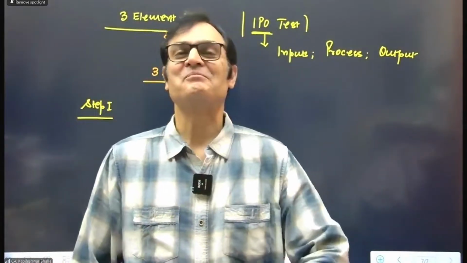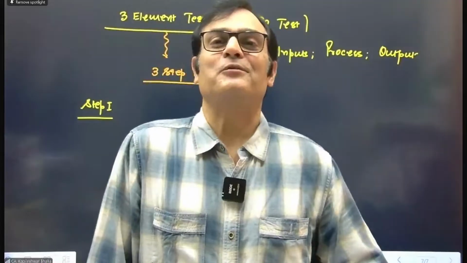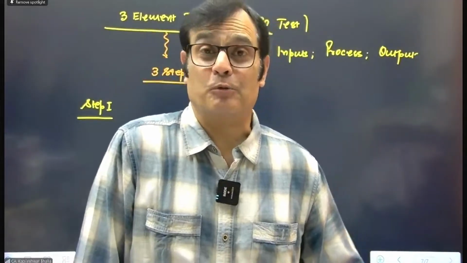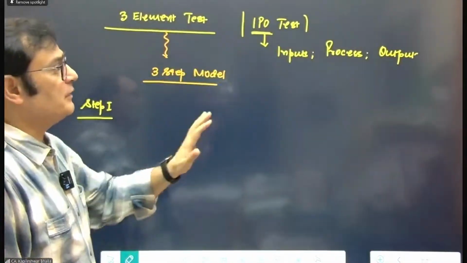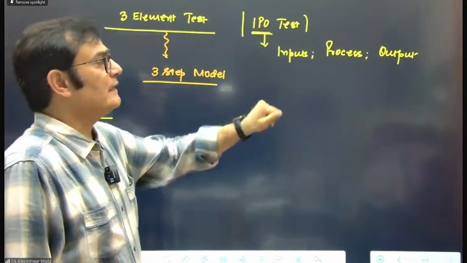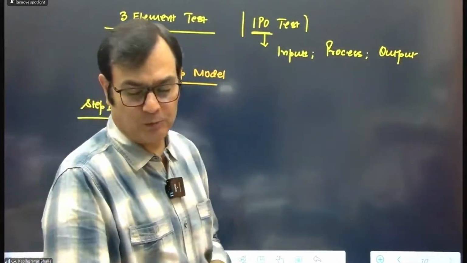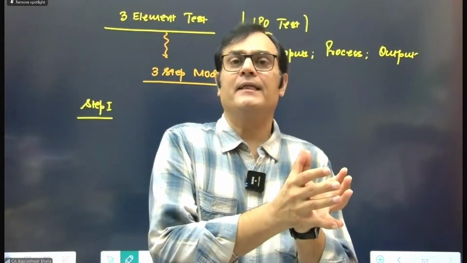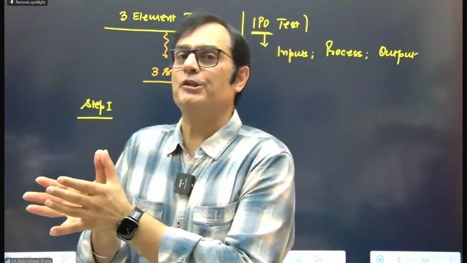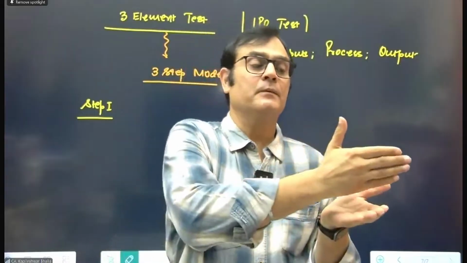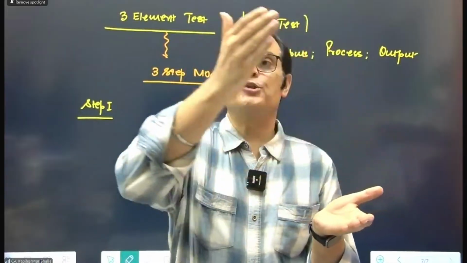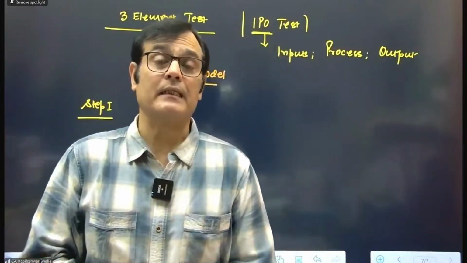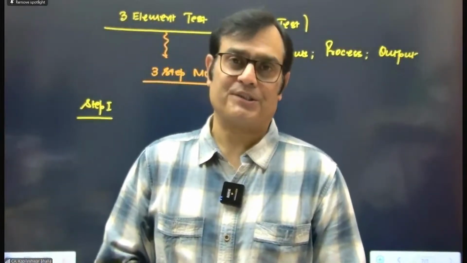That's wonderful. Okay, so coming back to the three element test, that is input, process, output. Let me first remind you that input is more like a raw material and the output is more like a finished good. The input, that is the raw material, is to be converted into finished goods, and that exercise is done by a particular process.